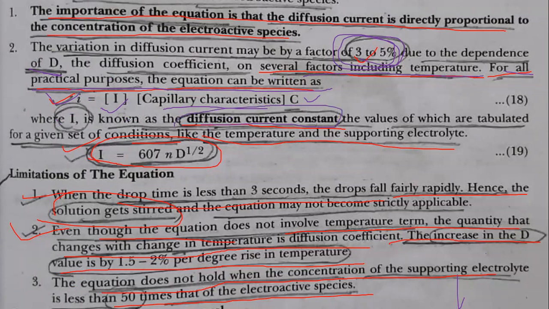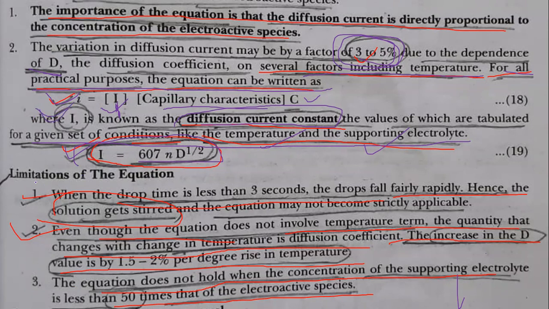I is equal to 607 n D raised to 1/2. The values of which are tabulated for a given set of conditions like temperature and supporting electrolyte. The values are available.